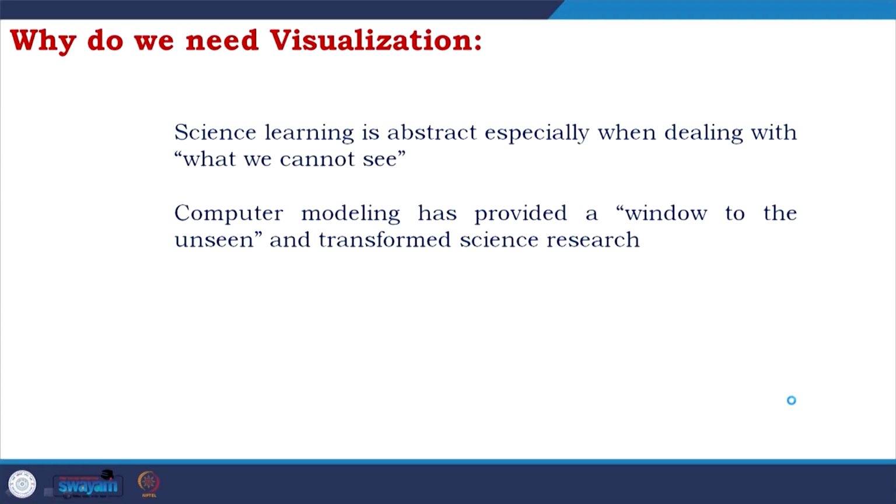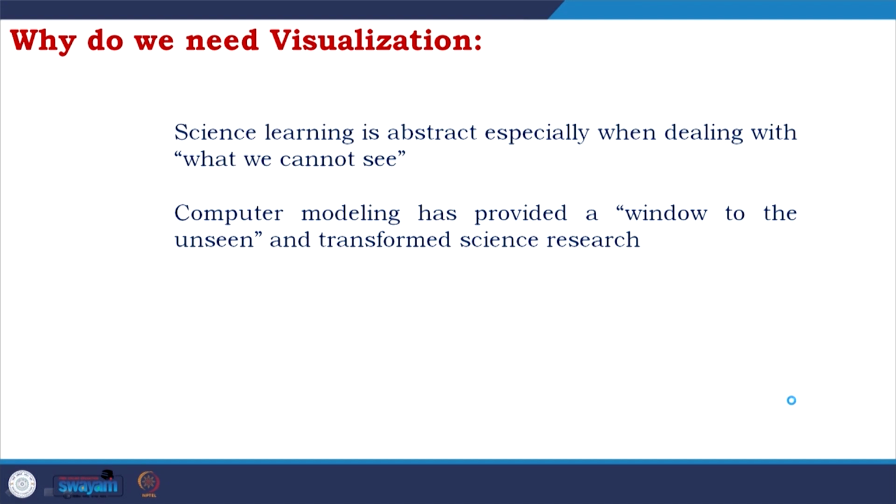If we could see them, we could image them in microscopy. If we cannot see them, we take the information and build up models. Computer modeling has provided a window to the unseen and transformed scientific research.